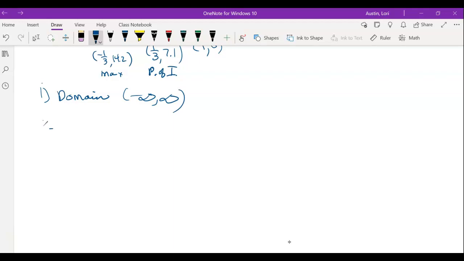Exploit symmetry. Symmetry is a fun thing that you may not have remembered. Take advantage of it to determine if you have an even or odd function. Because you know what's nice if you know you have an even function? Even functions are symmetric across the y-axis.